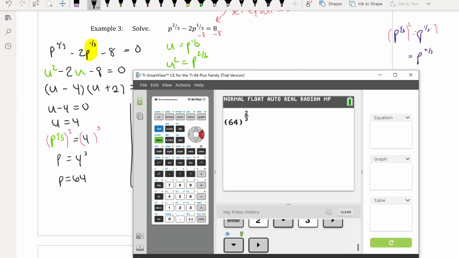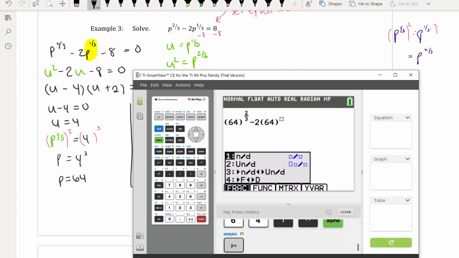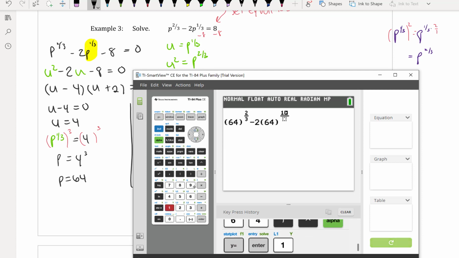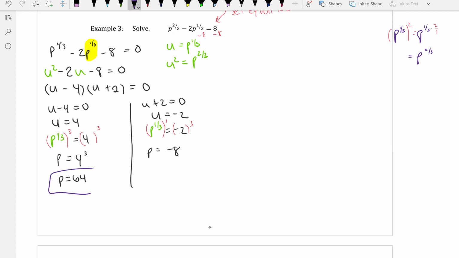And I have minus 2 parentheses, and I still have my 64. And I'm going to have to my power of, and there's my other fraction. So that fraction is going to be a 1/3. And I'm going to subtract 8. Does that equal to 0? It does. So p equal to 64 is a legit answer. I have checked it in my original.